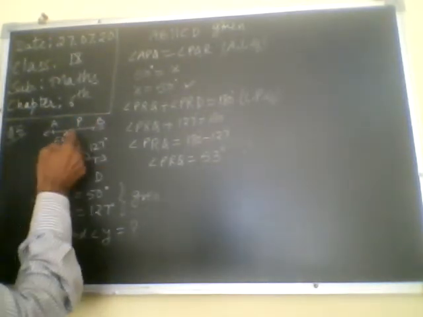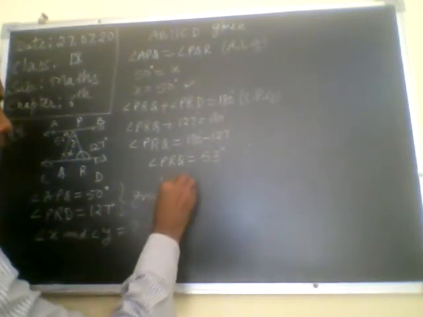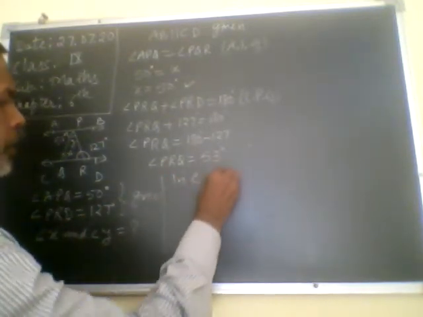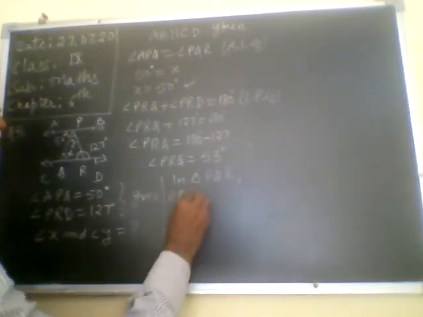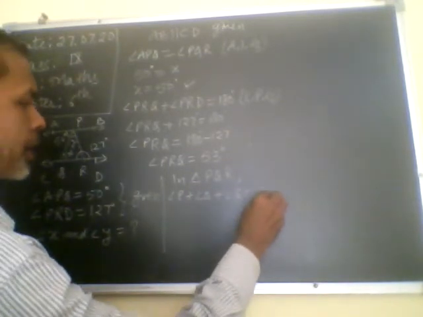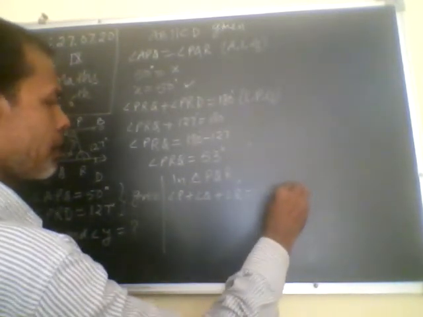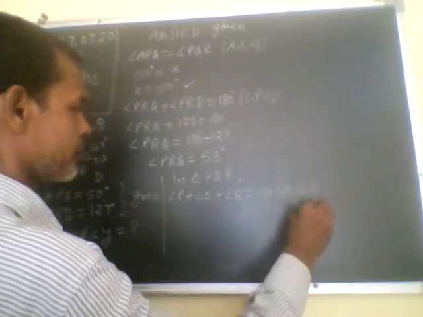So now consider triangle PQR. In triangle PQR, angle P plus angle Q plus angle R is 180 degrees. That is the angle sum property of a triangle.